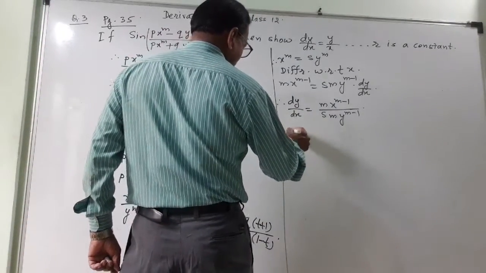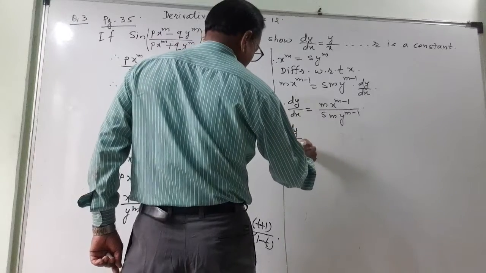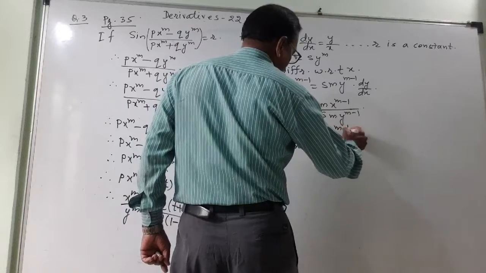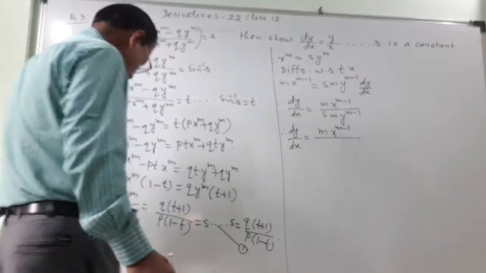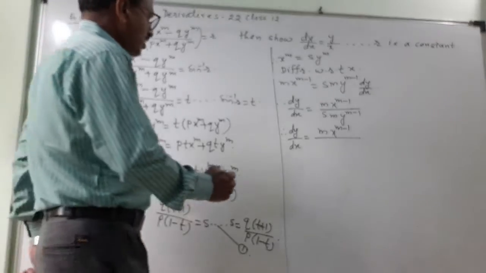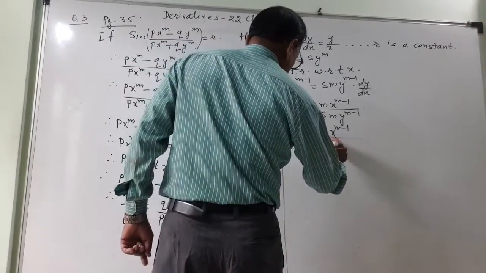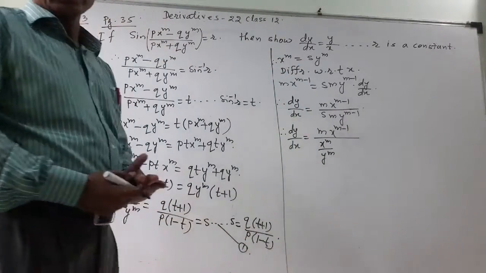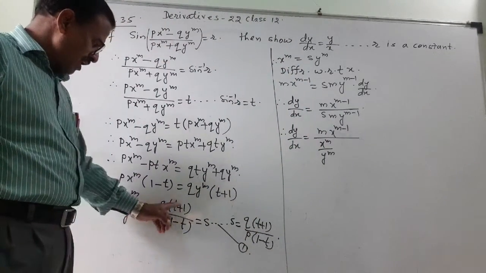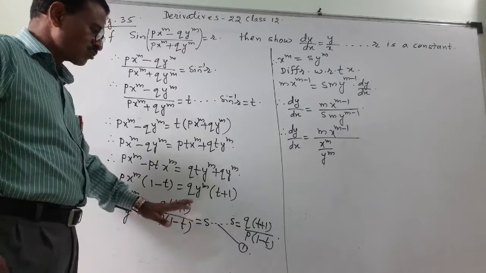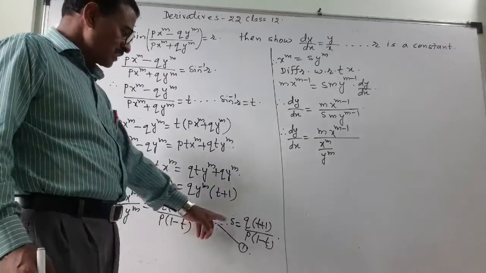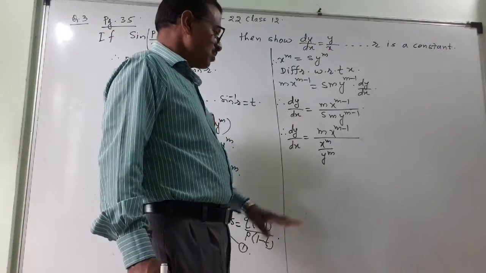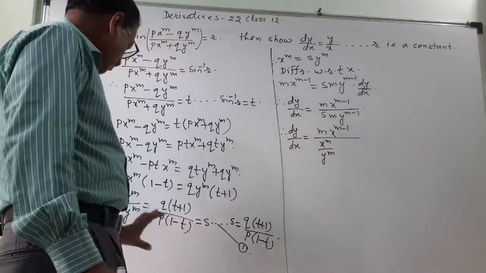Therefore, dy by dx is equal to m x^(m−1) upon s, meaning x^m upon y^m, into m y^(m−1). Why are we doing this? Because we don't want p, q, those constants. So s also I don't want. In dy by dx I want to show that it is y upon x. So instead of s we have substituted this.